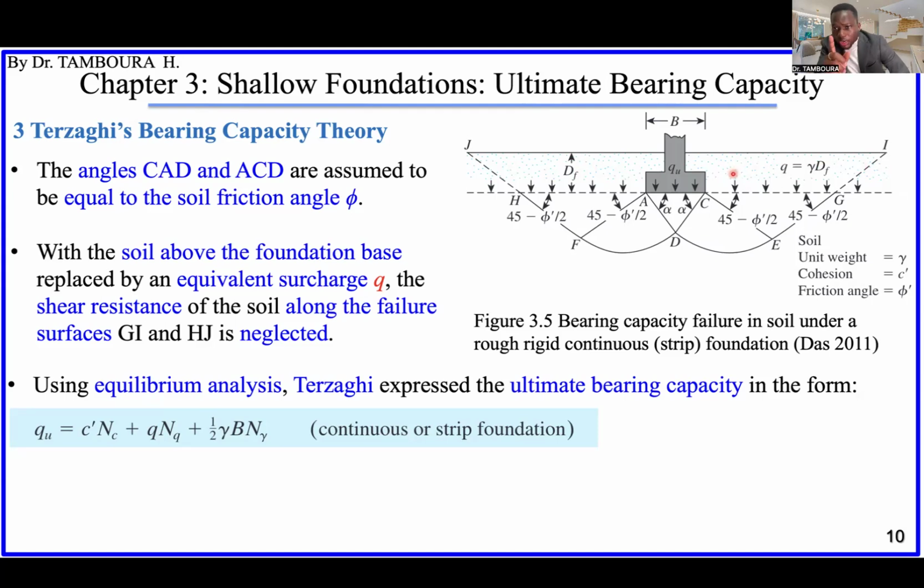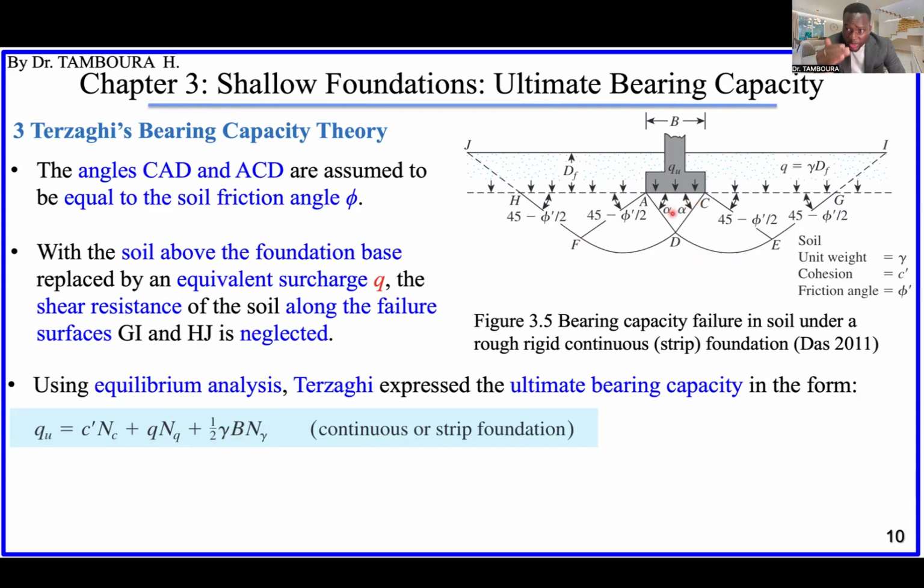Be careful, sometimes you will be given two different soils. This zone has, for example, 18 as unit weight, and this one has 20, for example, as unit weight. The one you will use will be both, okay? The weight of the soil. And gamma here is the contribution of the weight of this soil this time.